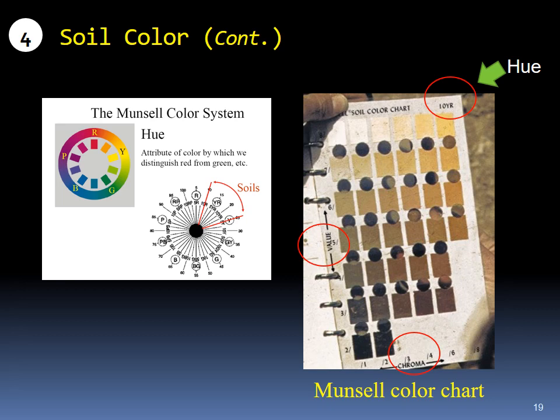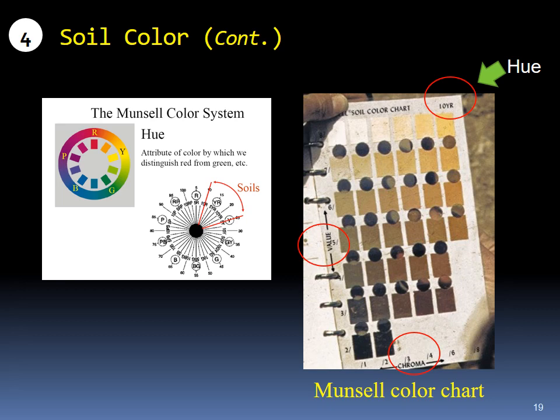Now, if you look at this example, you would find that at the top right corner you have the hue. The hue is written as 10YR, so Y indicates yellow and R indicates red. And each page of the Munsell color chart has a unique hue value.